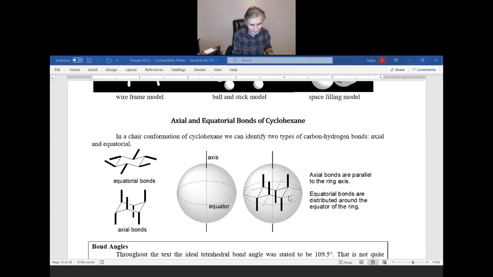I can show you here, there are, of course, 12 carbon-hydrogen bonds, 6 axial and 6 equatorial.